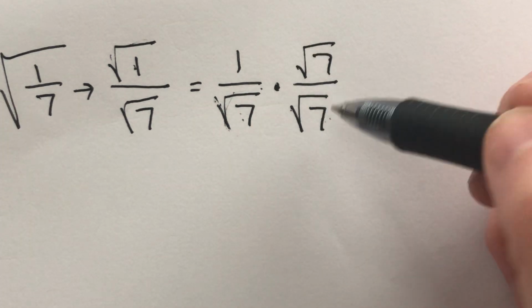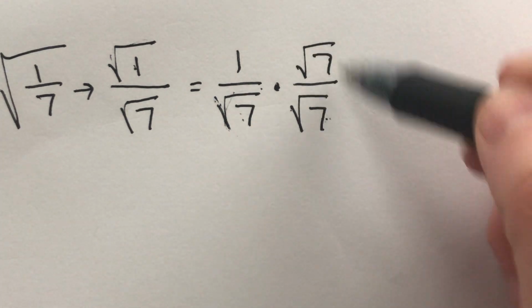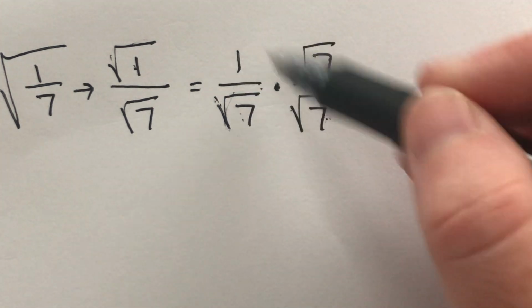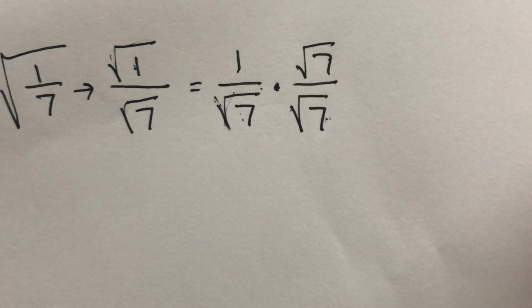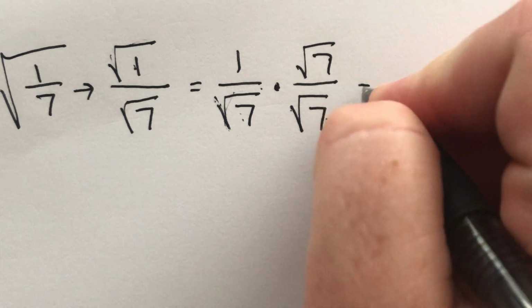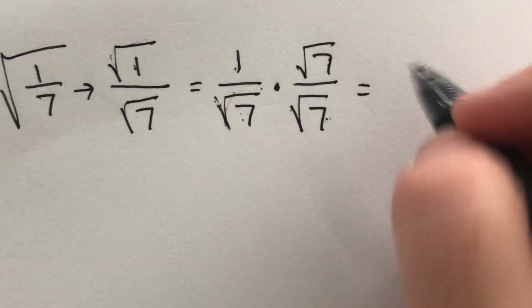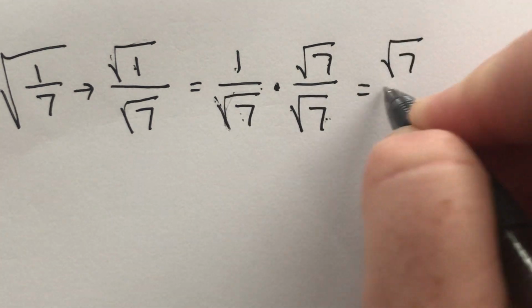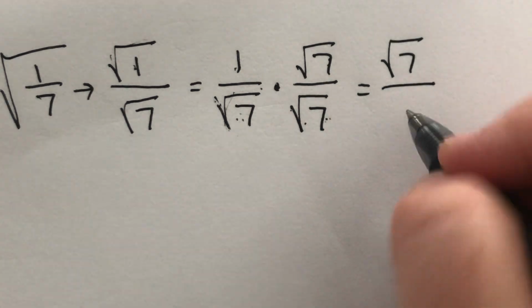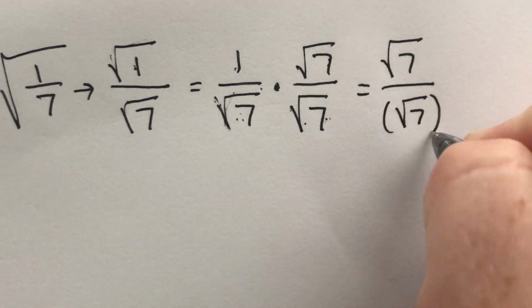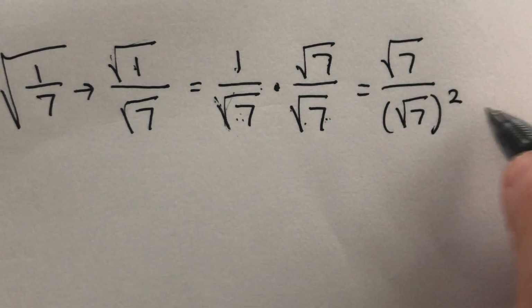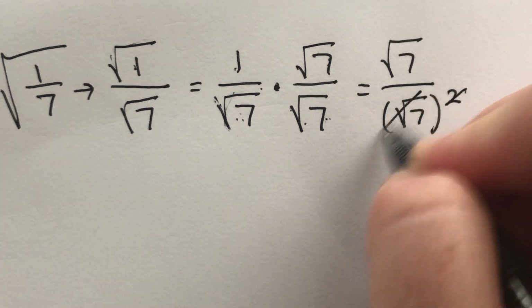Remember, square root of 7 over square root of 7 is really just 1. So I'm just multiplying my fraction times 1. I'm not changing the value. I'm just making it look different. All right, so 1 times square root of 7 is square root of 7. This right here is going to be square root of 7 squared. And like we said, the squared cancels out the radical.